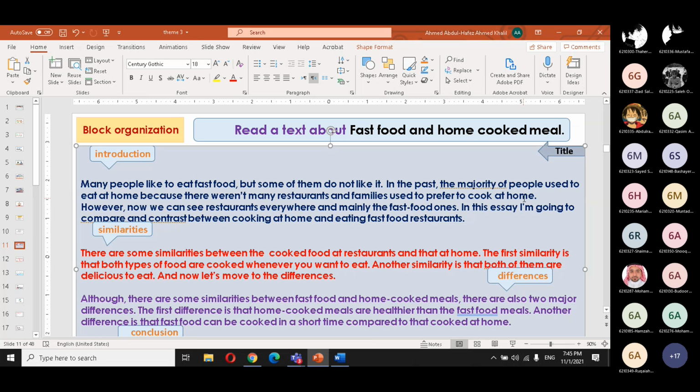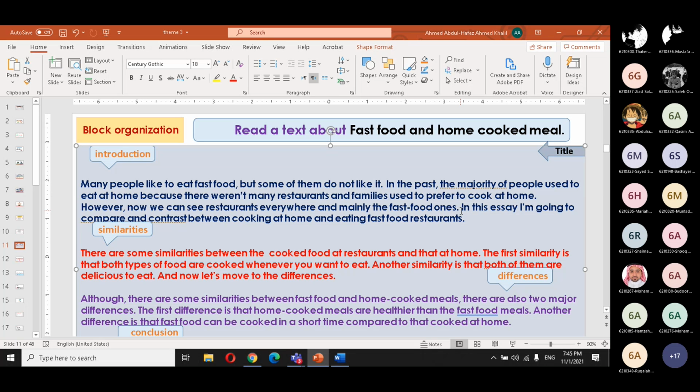Restaurants were few, so most people prepared food at home. However, now we can see restaurants everywhere, and mainly the fast food ones. So now here, you know the topic is fast food and homemade food.